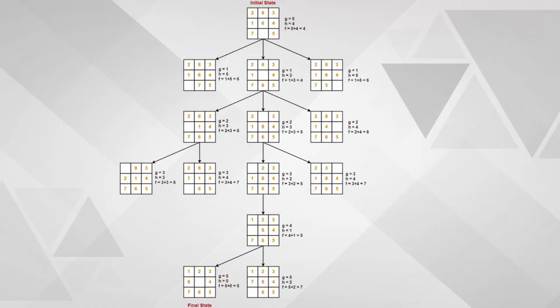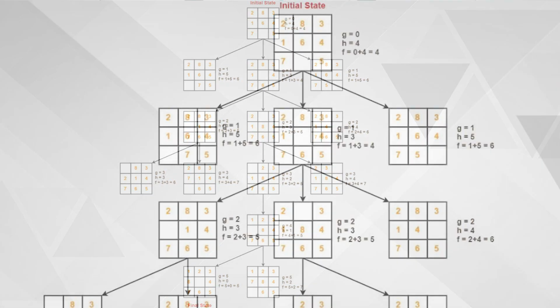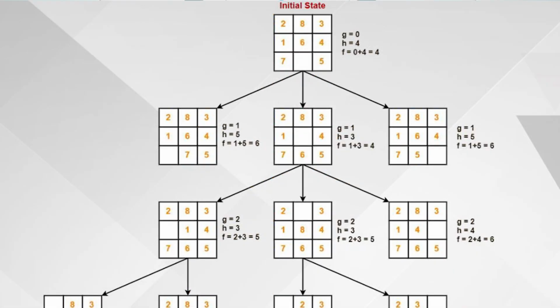Here we have the initial state where the tiles arrangement is 2, 8, 3, 1, 6, 4 and 7 blank 5. So, here G is equal to 0, H is equal to 4 and F is equal to 0 plus 4 is equal to 4, because G is equal to 0 as it is an initial state. So, we have 3 options.